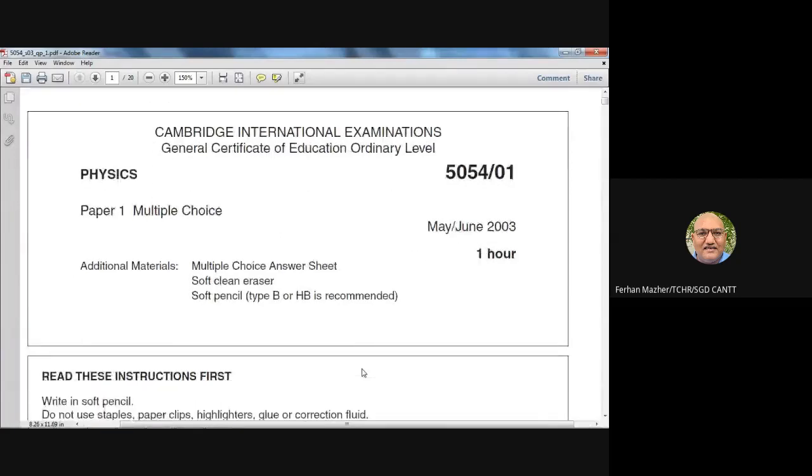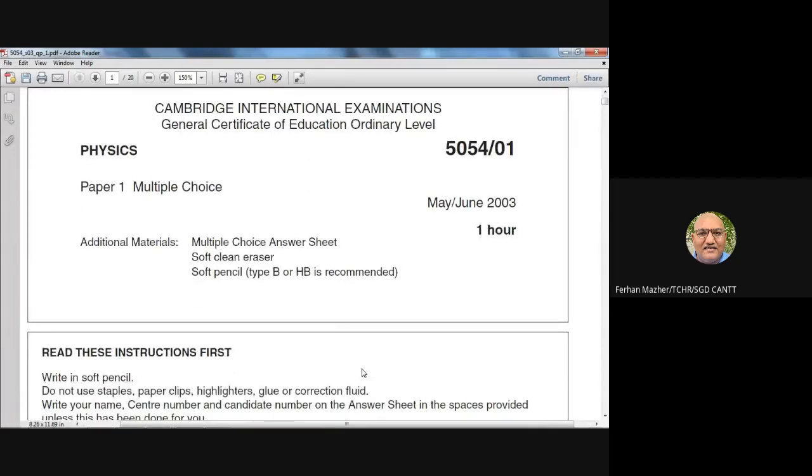Today we have done the May June 2003 Paper 1, and I hope that this session has been helpful to you. You must have understood a few new concepts of physics, and your previous concepts have been polished.